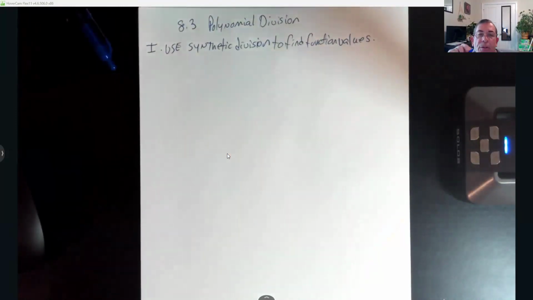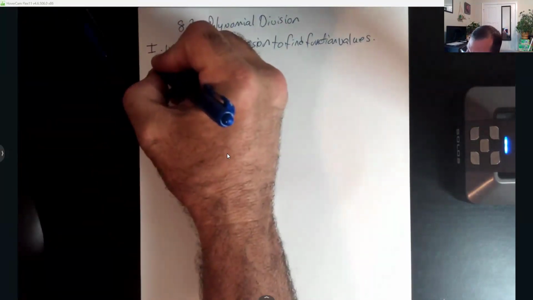So the big thing about using synthetic division to find function values, we got what we call a remainder theorem.